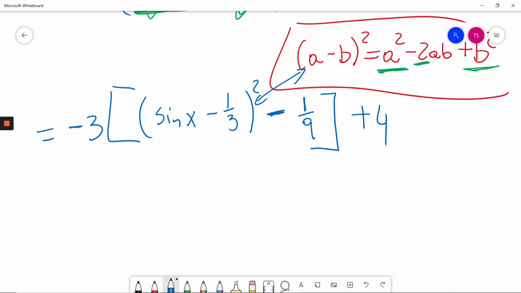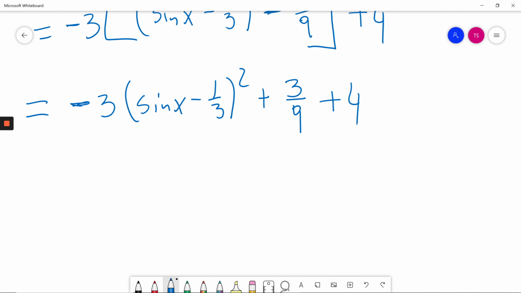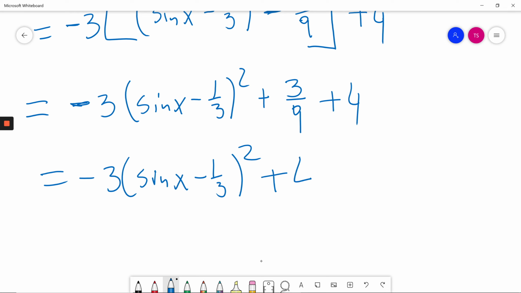I'll multiply that negative 3, so I'll have minus 3 sine x minus 1/3 squared plus, slowly, 3 times 1/9, 3 ninths, plus 4. So this will be equal negative 3 sine x minus 1/3 squared. 3 ninths is just 1/3, so plus 4 and 1/3.